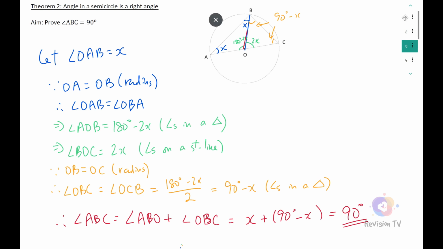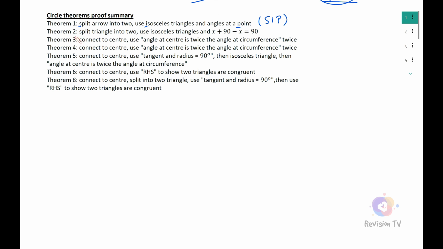All right, so what's the summary then? How do you remember this? For theorem 2, to help you remember it, you can again start with the word S: split the triangle into two. Again, isosceles triangle, and this time you can say add. So split the triangle, isosceles, and add them up.